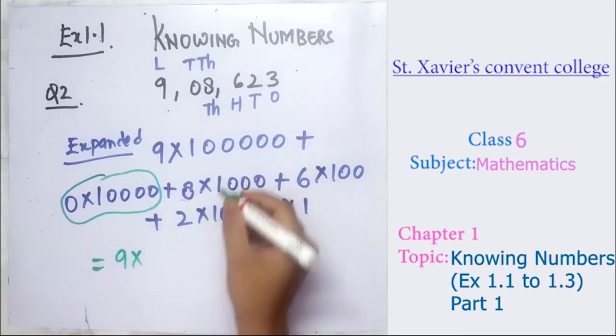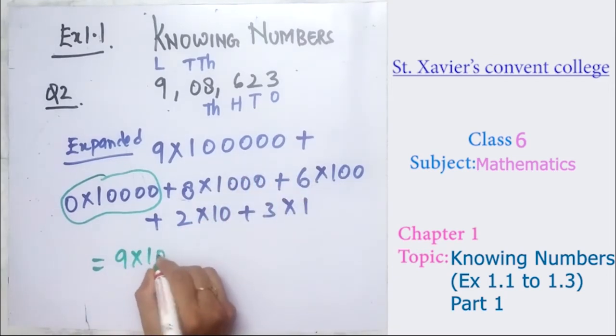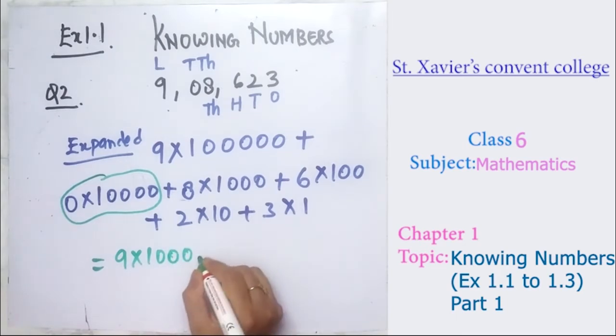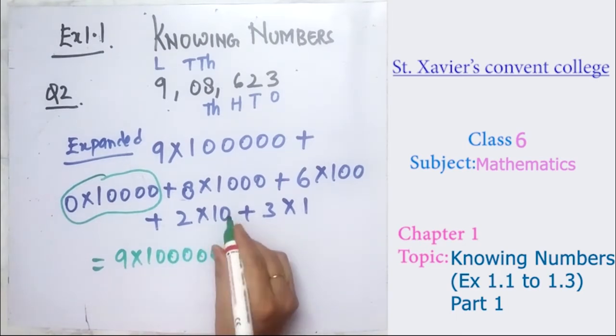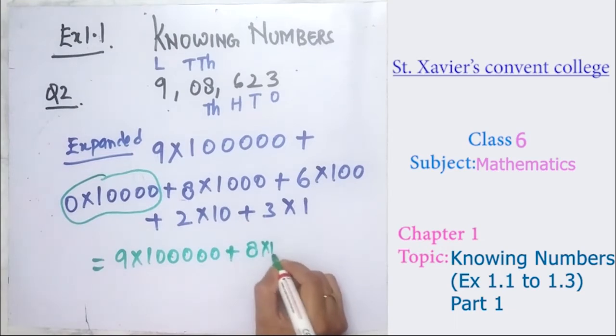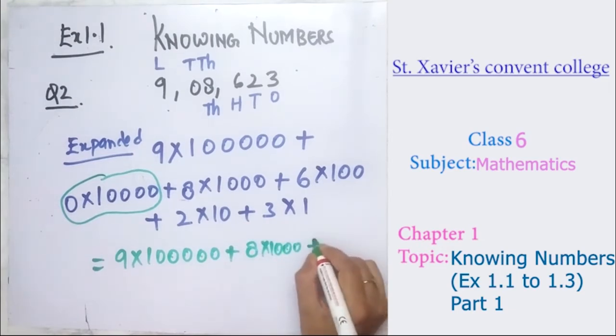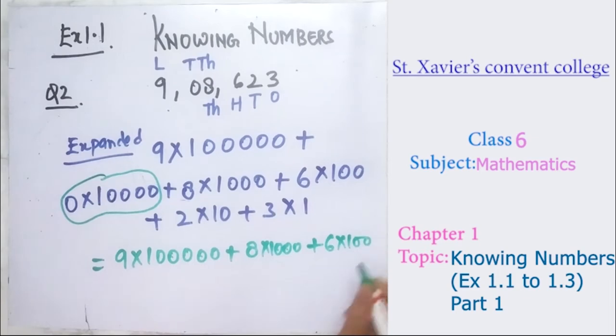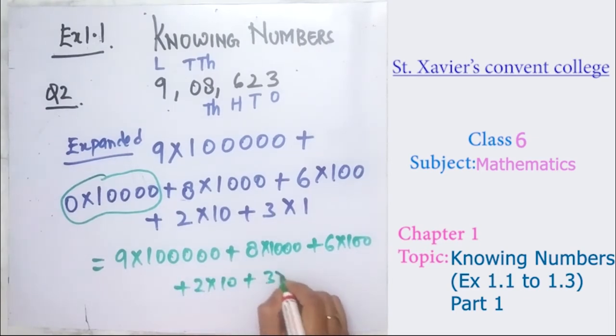It is useless to write it. So straight away we write 9 into 1 lakh, 1, 2, 3, 4, 5 zeros, plus 8 into 1000 plus 6 into 100 plus 2 into 10 plus 3 into 1. This is your final answer.